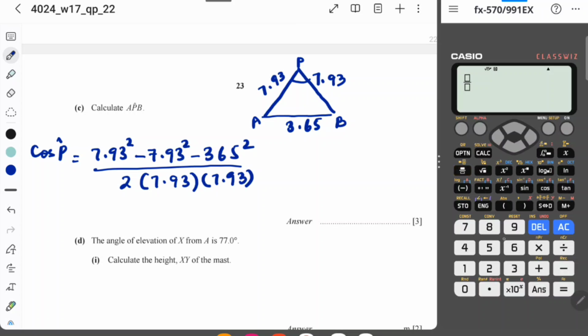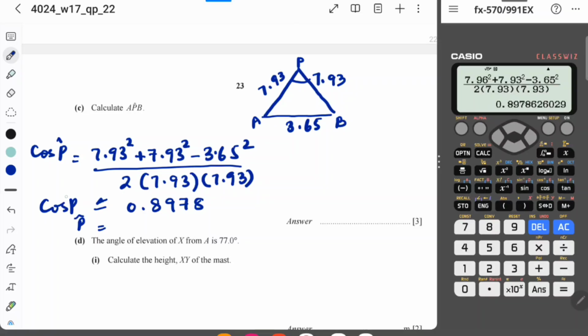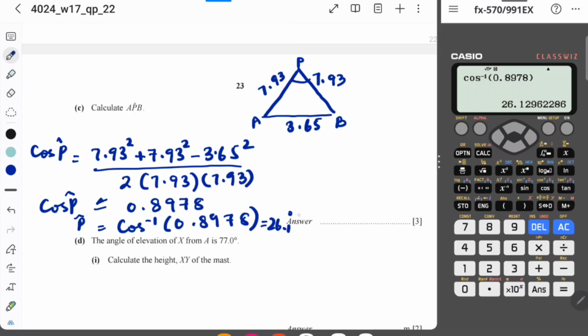Your numerator: 7.93 square plus 7.93 square minus 3.65 square, divided by 2 times 7.93 times 7.93, equals 0.8978. So cos of P is 0.8978, and angle P, which is required, is cos inverse of 0.8978, which equals 26.1 degrees.